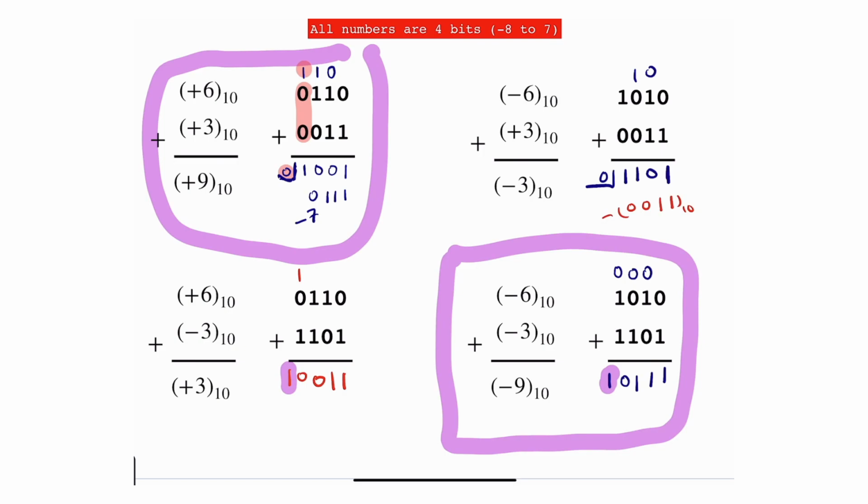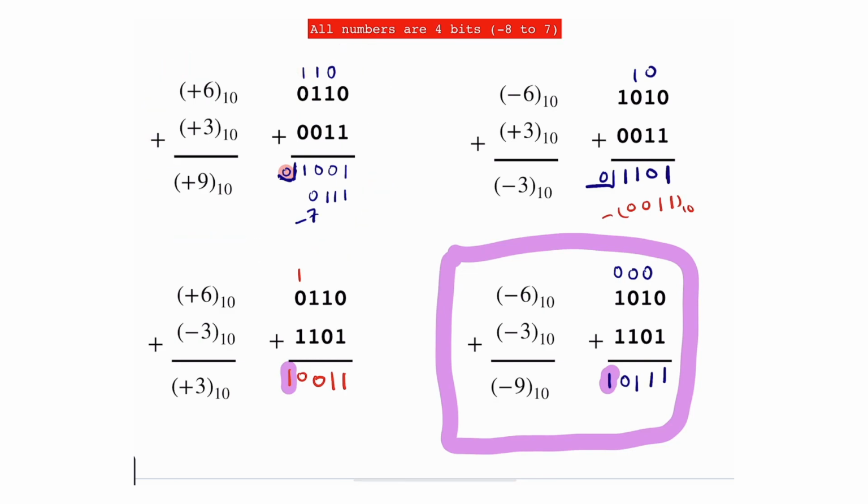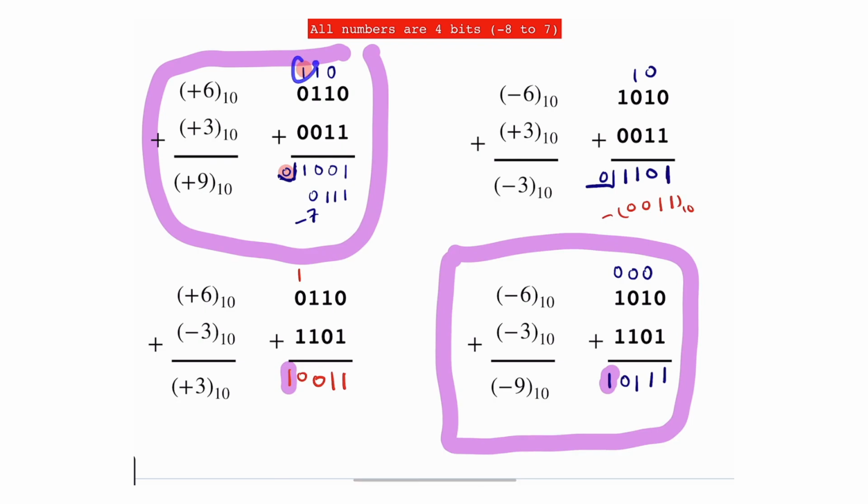And of course, you will have the sum in here, but I don't care about that. What I really care about is the carry in and the carry out. And as it turns out, if they're different in the most significant bit, if the carry in for that full adder is different than the carry out, you have an overflow.